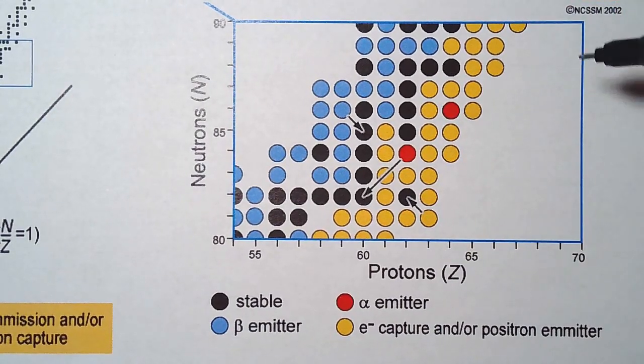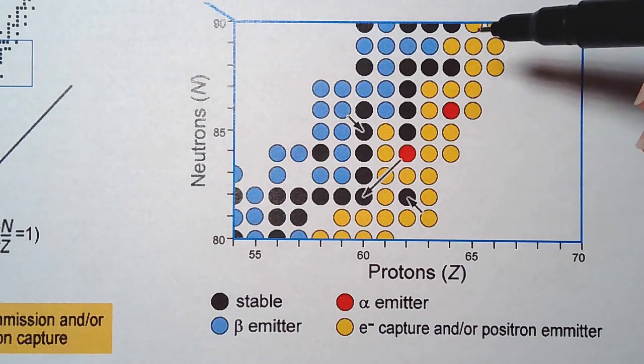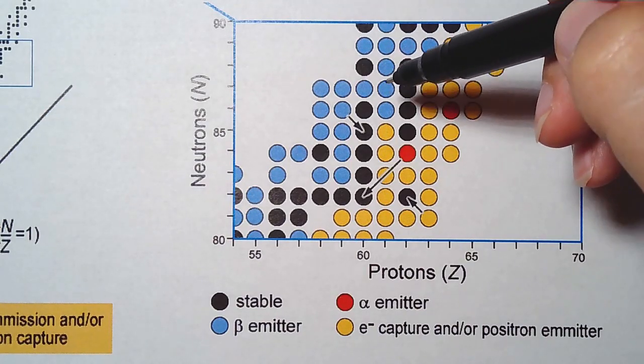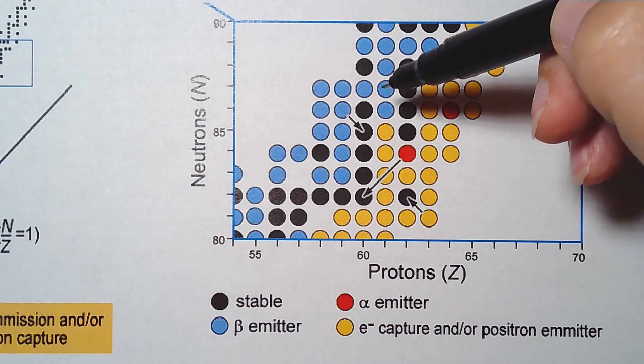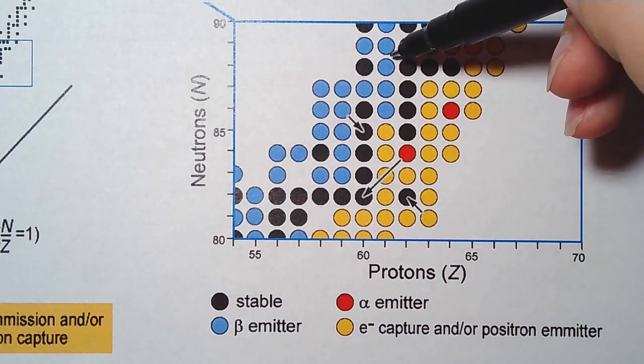The inset here shows how some of these different NZ ratios could end up causing different types of decay. If we imagine the black circles represent stable isotopes, the blue ones here are above the stable line, meaning their NZ ratio is too high. They have too many neutrons for their protons. So what kind of decay is going to help with that?